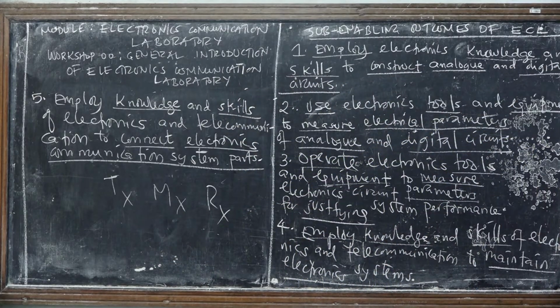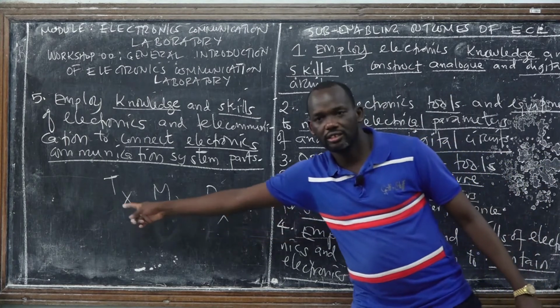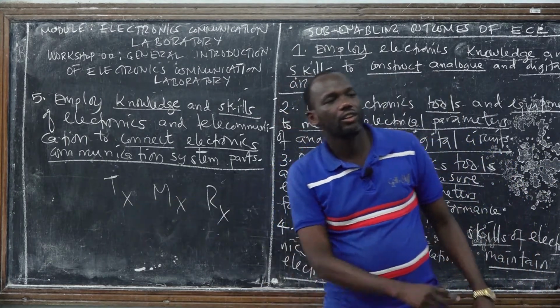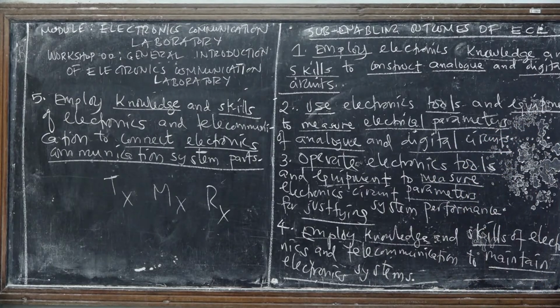So these are the three main parts of any communication system or electronics communication system, whether it's guided or unguided, wired or wireless. You have to employ knowledge and skills of telecommunication and electronics to connect those different parts in order to work as you have expected them to work.